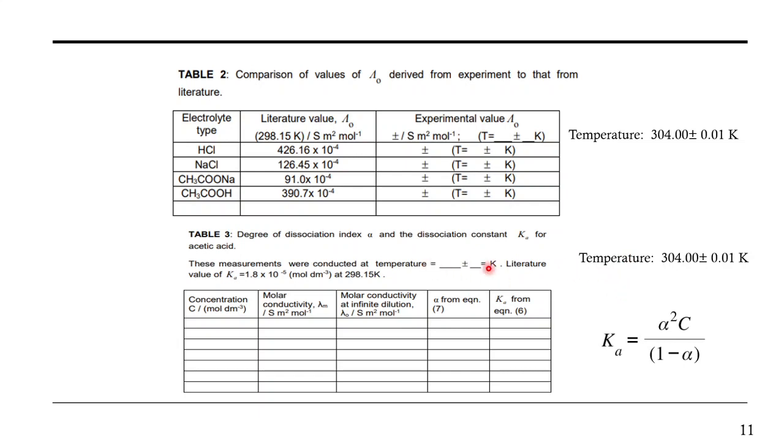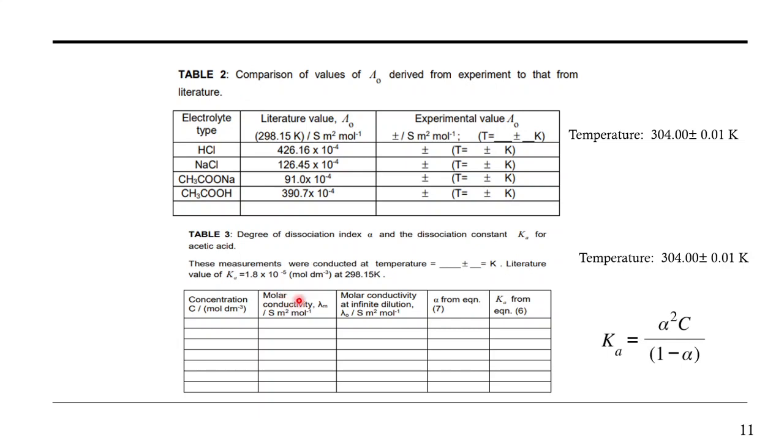Now ultimately you need to measure the dissociation constant for acetic acid, and again it's given by this equation. So you have all the concentrations, these are from the previous table, so I'm just taking this from the data sheet.